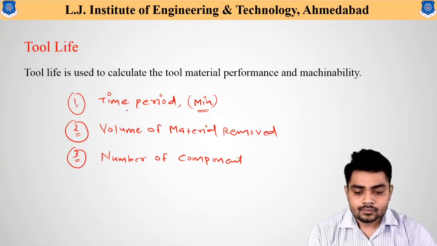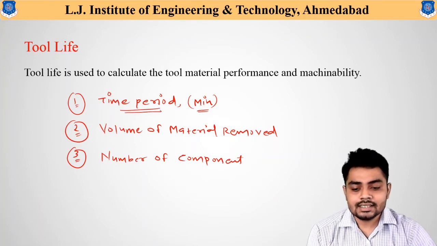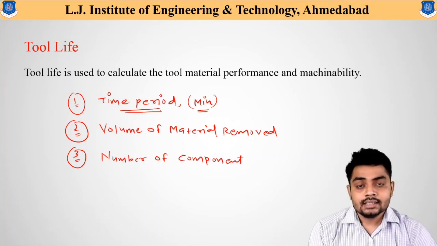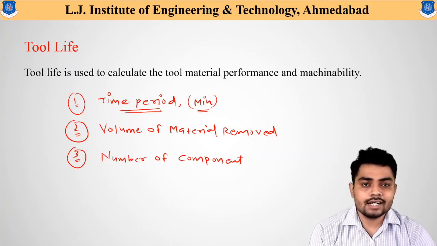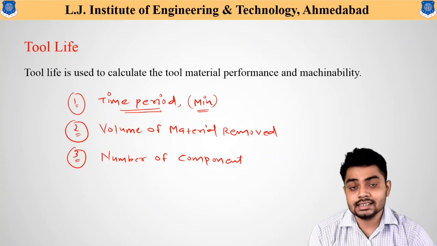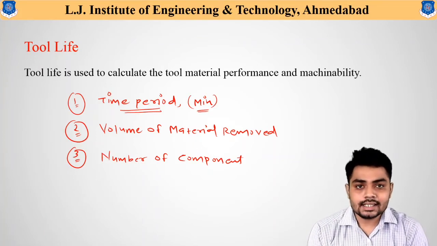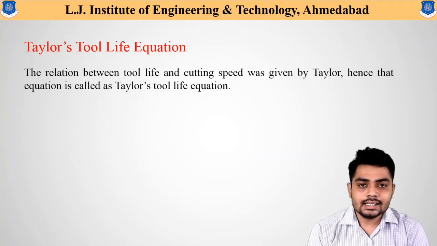So the major way used to define the tool life is the time period between two successive regrindings. And this tool life has been defined by many different people, from which the most important and widely used equation is Taylor's tool life equation. To understand this equation, let us have a look at the simple relation that Taylor has given.